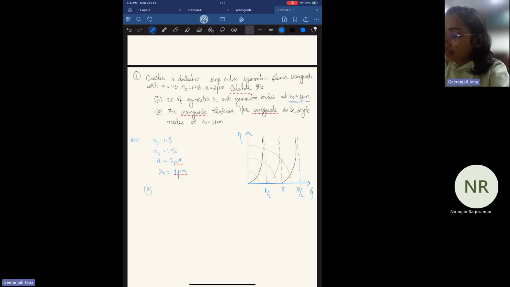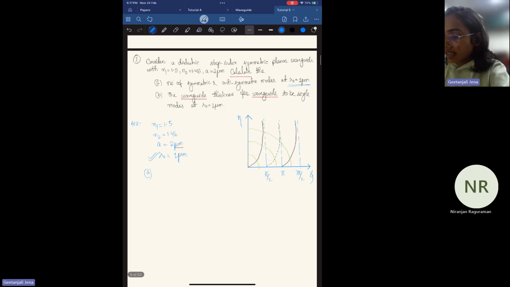So we already have lambda 0 equal to 1 micrometer, but let us see the number of symmetric and antisymmetric modes. For that, we need to find the V parameter first. So the V parameter is given by 2 pi over lambda 0, a, root of n1 square minus n2 square.